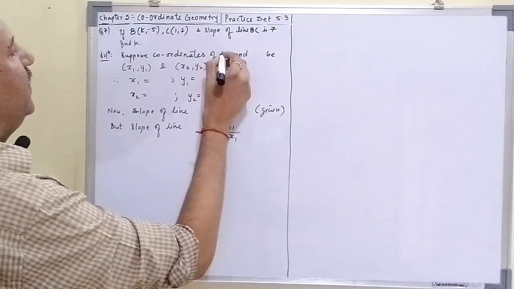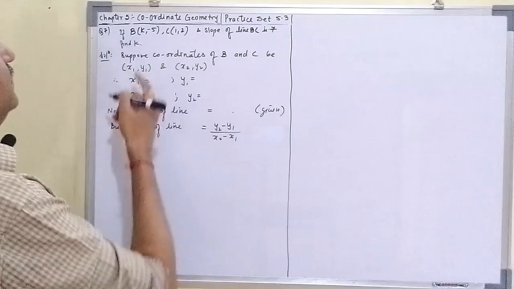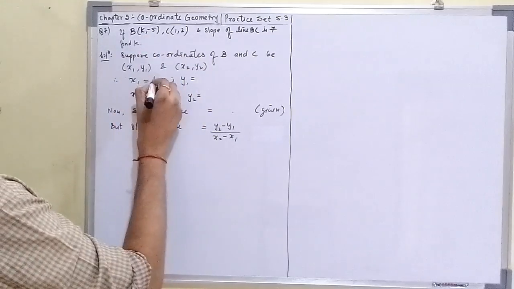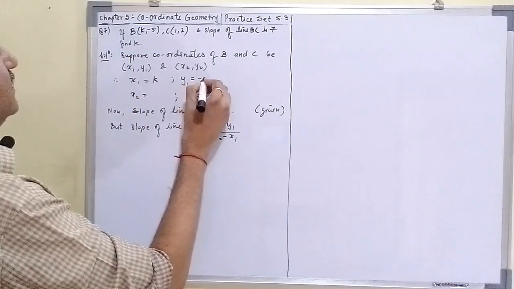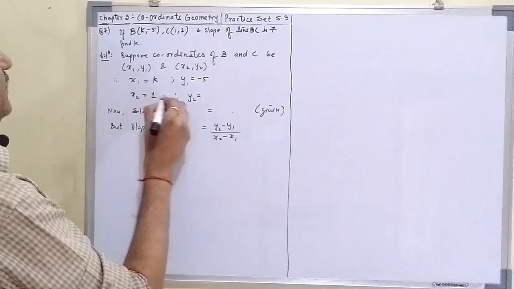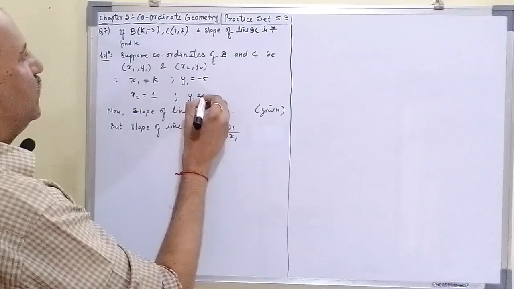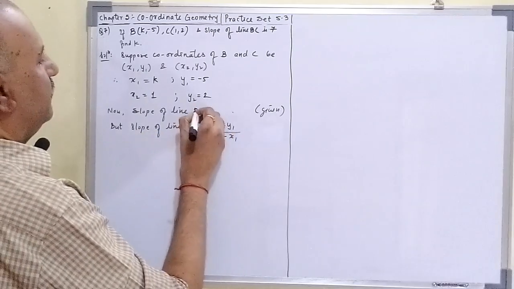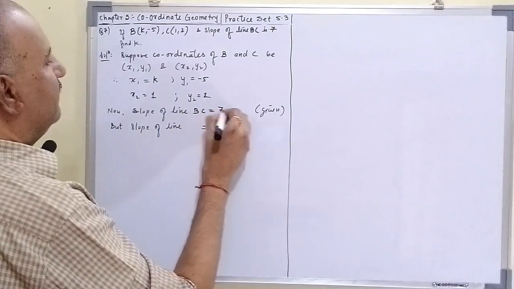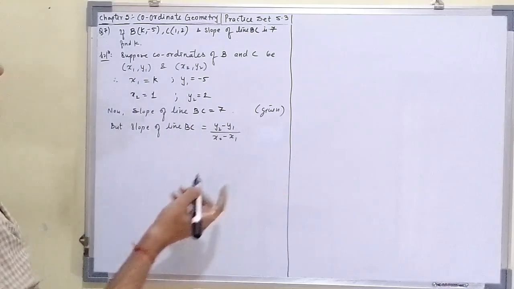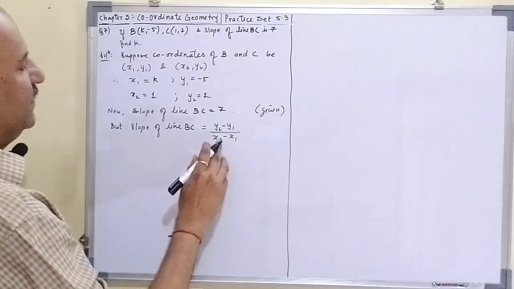Suppose coordinate of B and C be x1, y1, x2, y2. So x1 will be k, y1 will be -5. x2 will be 1, y2 will be 2. So slope of line BC is 7 is given. So line BC क्या है? y2 minus y1 upon x2 minus x1.